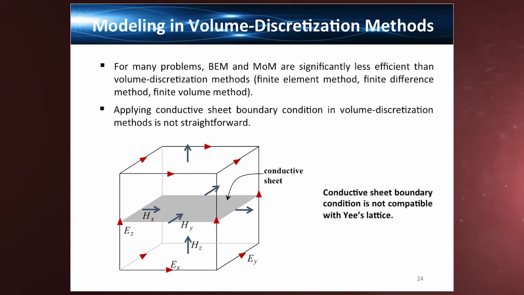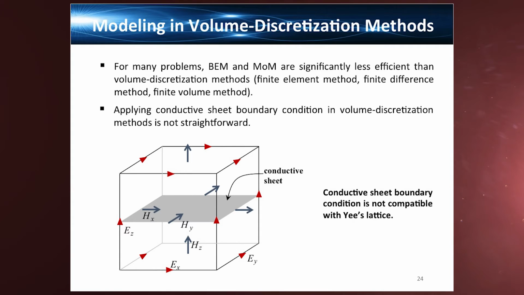So we need to model graphene in volume discretization methods. But it is not a straightforward job, because, as we see for example in this figure, the placement of field components in this cell is not compatible with the conductive sheet boundary condition. So what should we do?